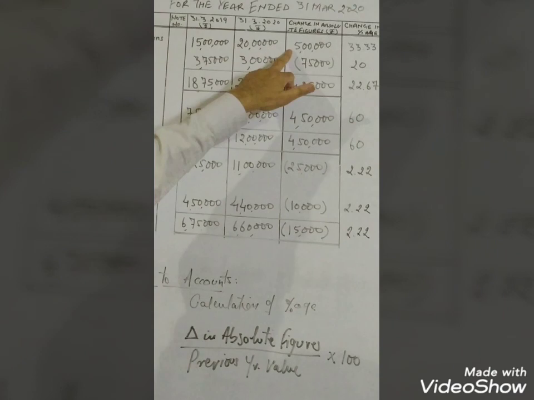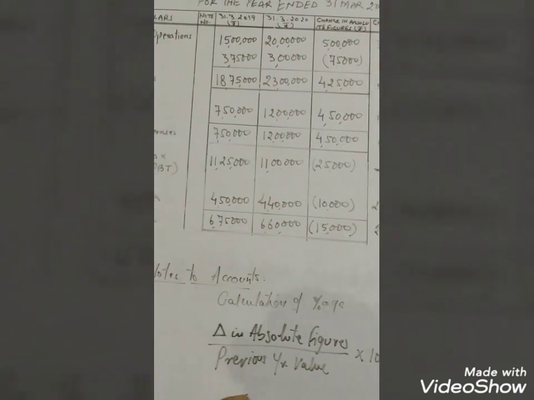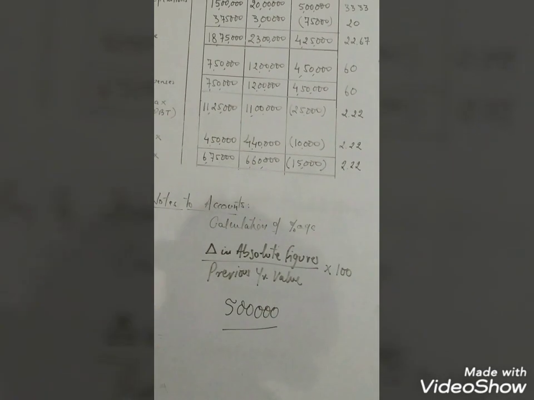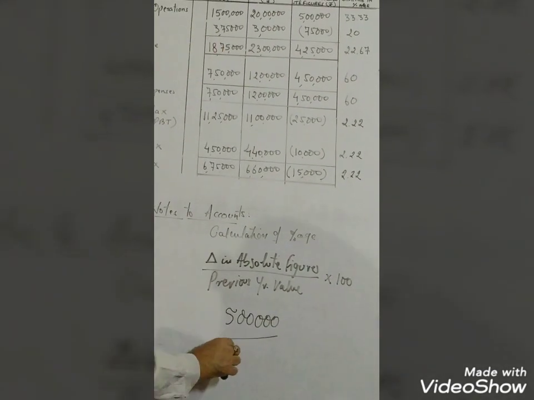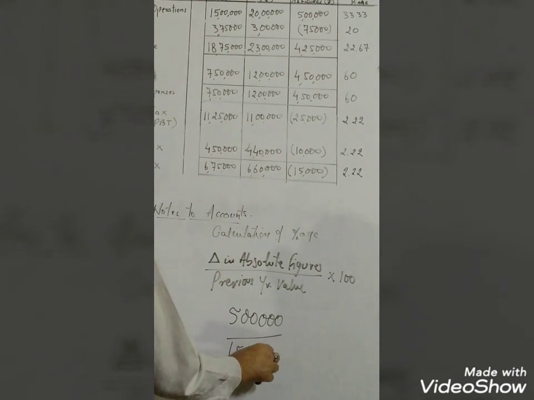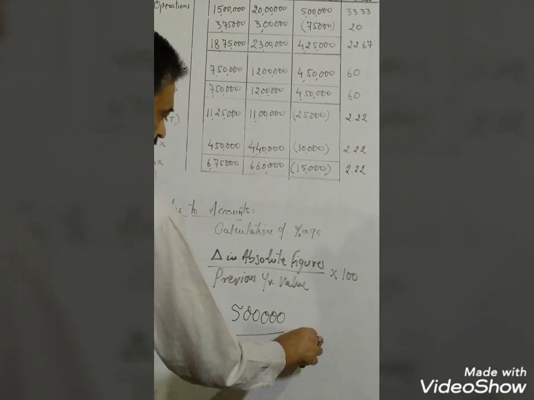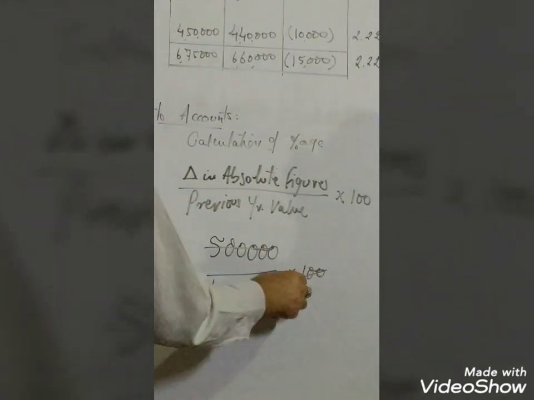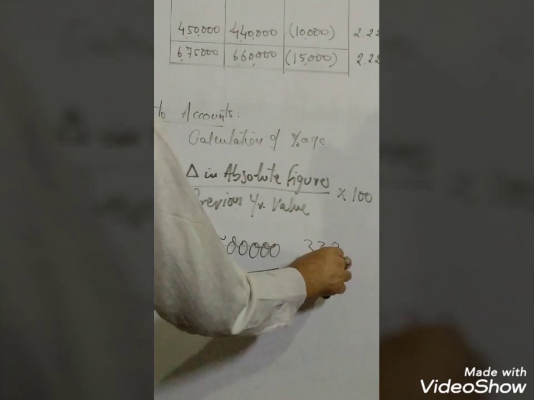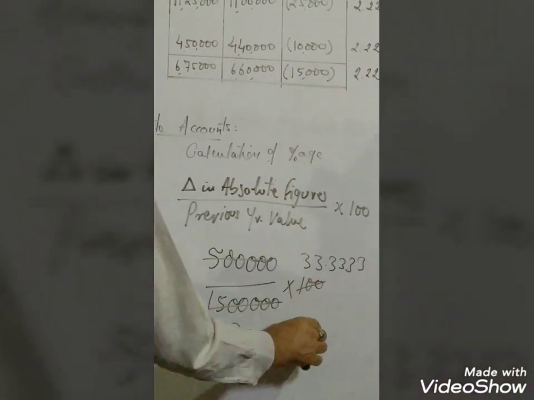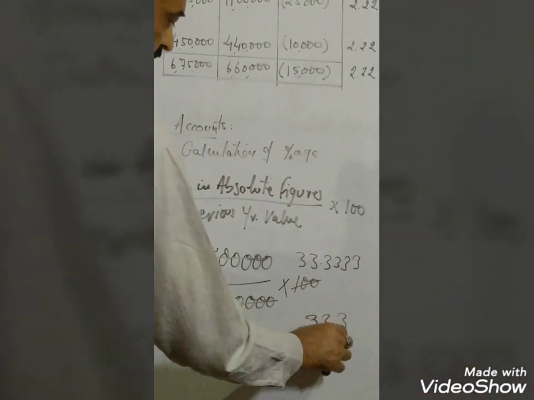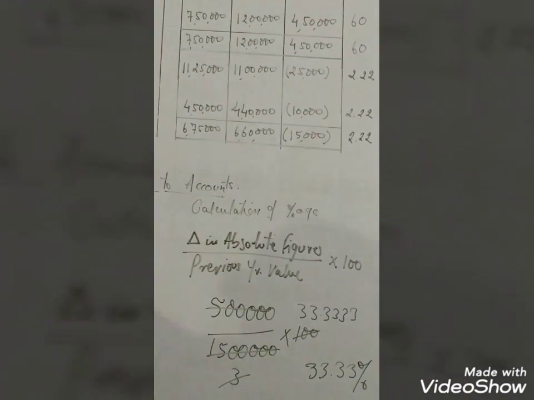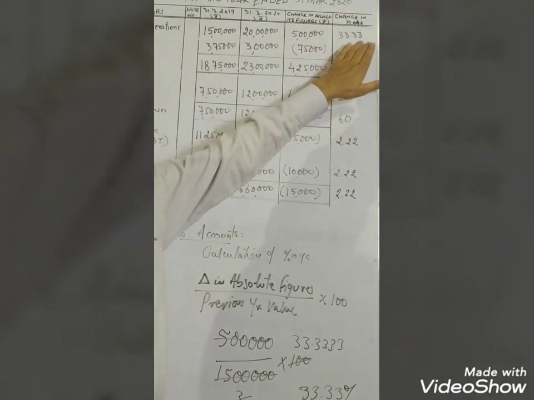So in this case the absolute change is rupees 5 lakh divided by previous year value, rupees 15 lakh, multiplied by 100. This will be rounded off to 33.33%. So we will write here 33.33%.